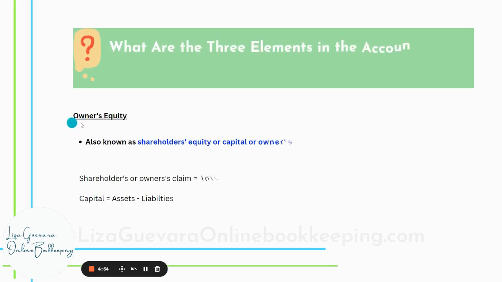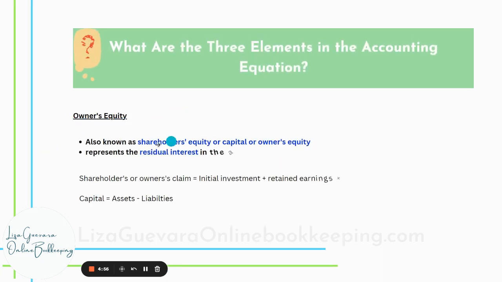And lastly, we have the owner's equity. This is also known as the shareholder's equity or capital. This represents the residual interest in the assets of a business after deducting liabilities.